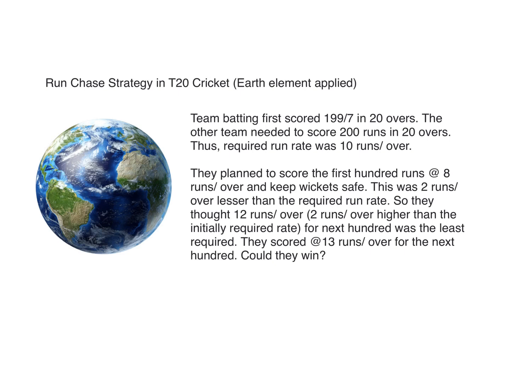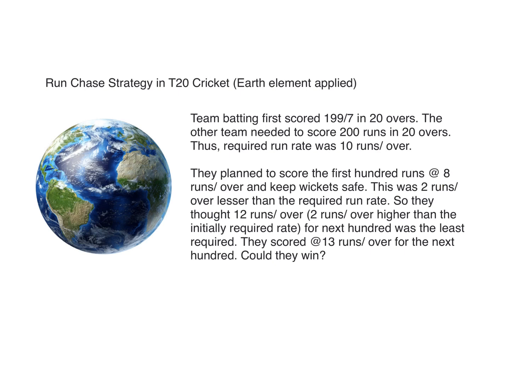The first 100, or half of this 200 runs, they had planned to score at a rate of 8 runs per over, which is 2 runs per over lesser than the required run rate of 10 runs per over. So this has to be made up.